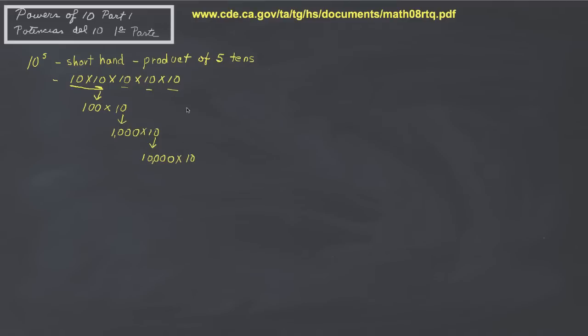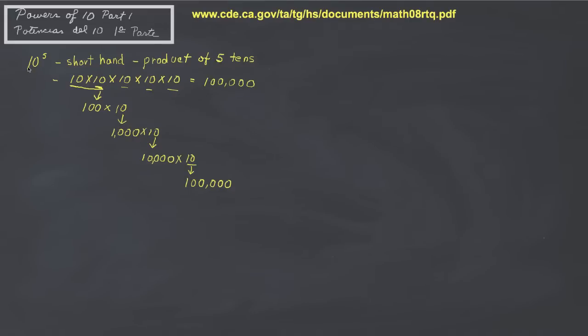When I multiply with the last 10, this is going to give me 100,000. A 1 with, you guessed it, 5 zeros. Okay, so this is called 100,000. Now notice, there are 5 zeros, and it starts with a 1.